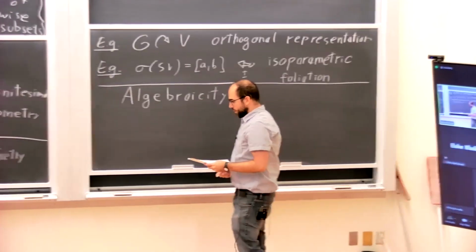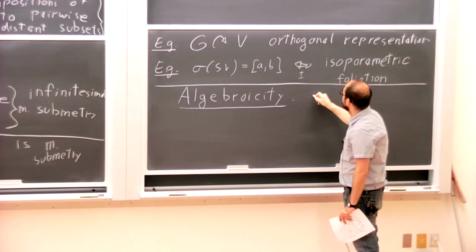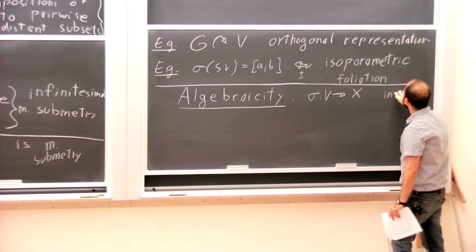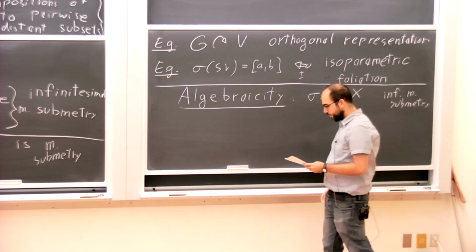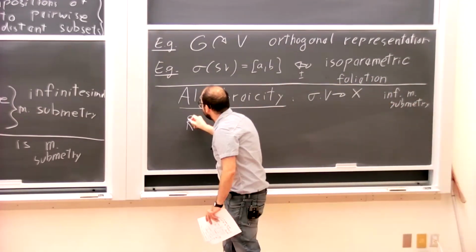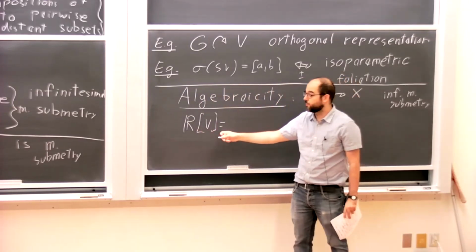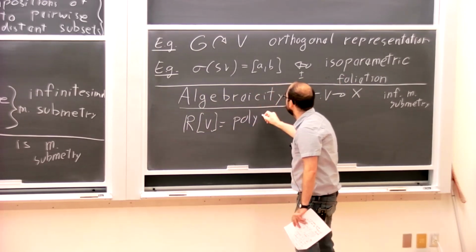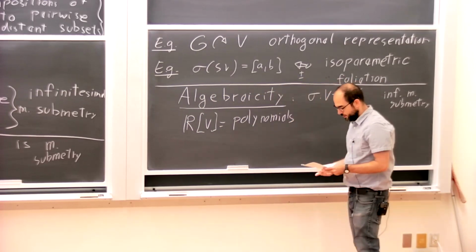Okay. So we're in the same situation as there. I have an infinitesimal manifold submetry. And then let's denote by R[V] the algebra of all polynomial functions on V. This is a vector space.